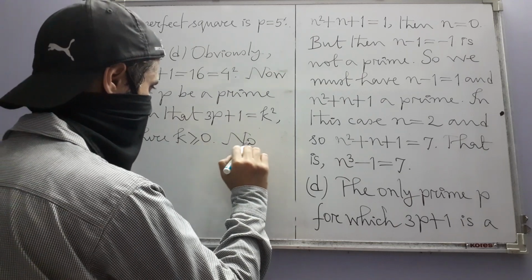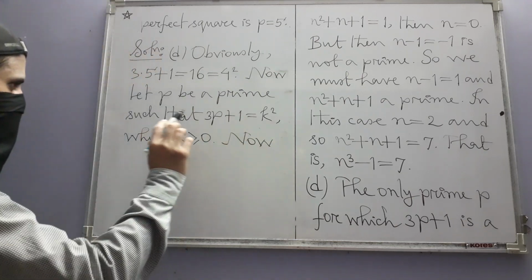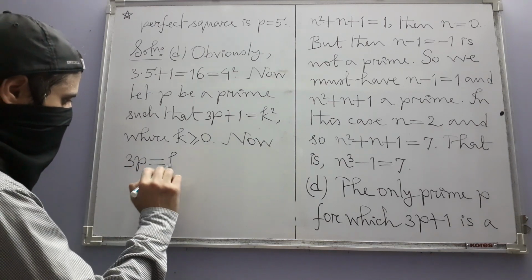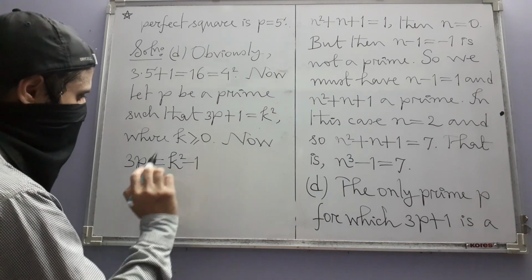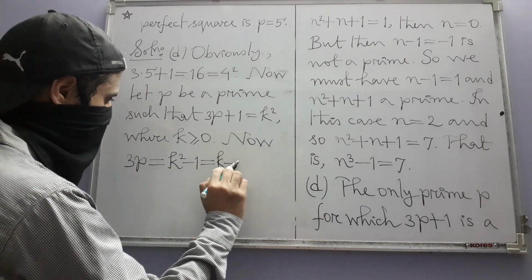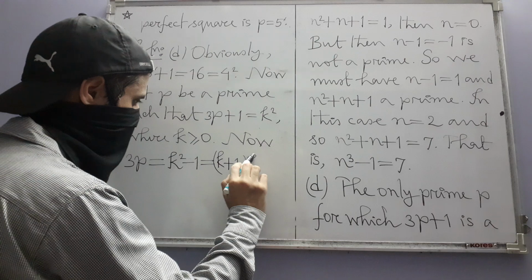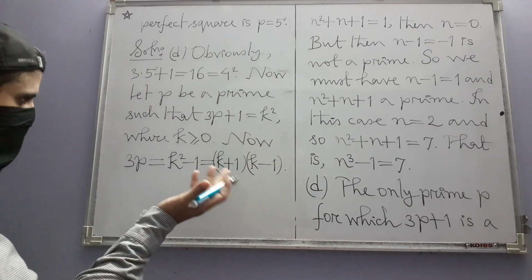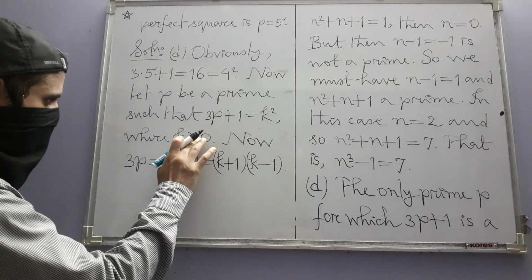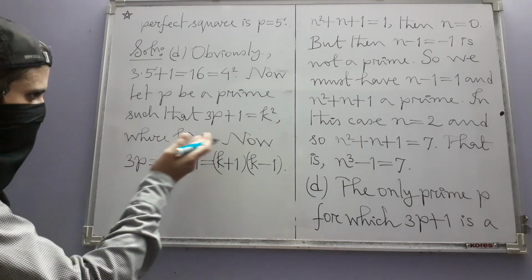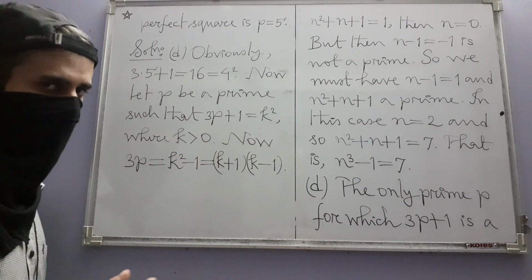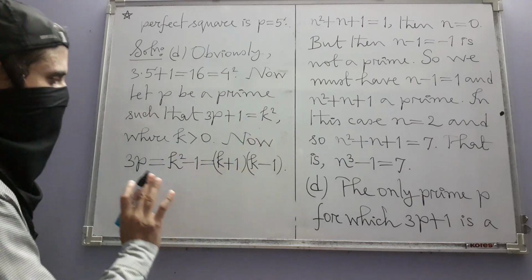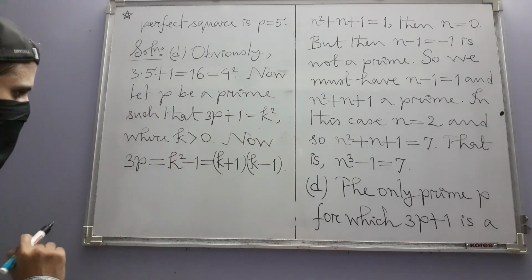Now look at this. So from this equation, what is 3p? 3p is k square minus 1, which can itself be factorized as k plus 1 times k minus 1. And let's just restrict this a little more, because there is no point in taking k equal to 0. Since p is a positive integer, 3p plus 1 can never be equal to 0. So k is a positive integer.